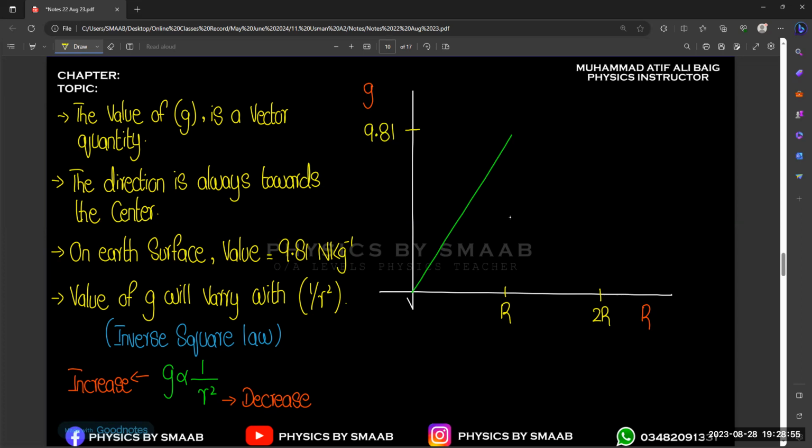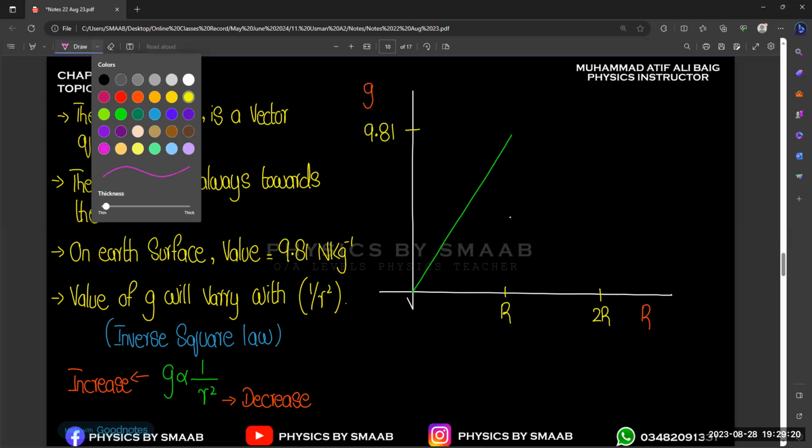But after that you can see on x-axis when you start moving towards right hand side, you are moving away from the earth, so your value will start decreasing, right, exponentially decay, because there is a 1 over r square. So it means that it is inverse square law, and when we are using a square in the equation, there will be a curve in the graph, so that will be exponential decay.